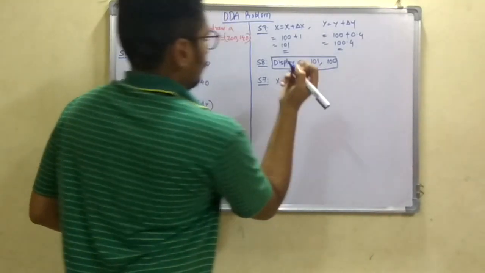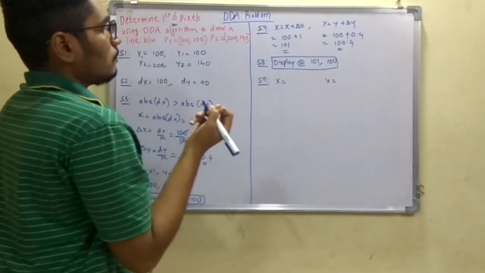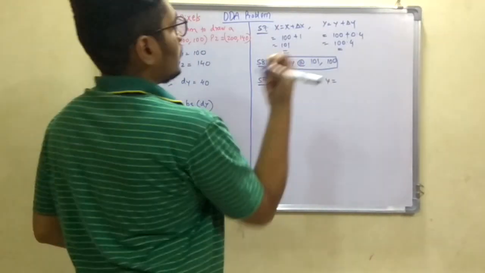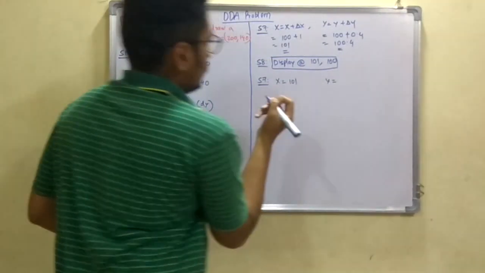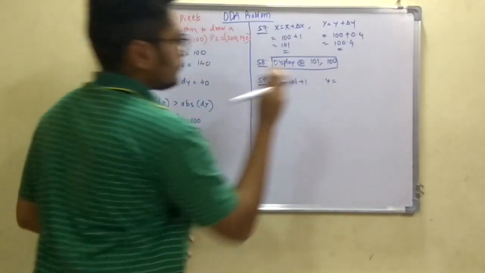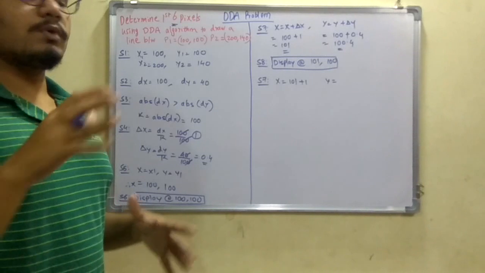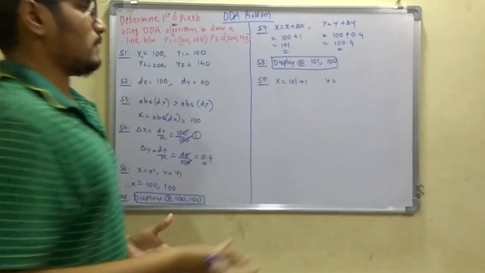We want the new x and the new y. So x is x plus delta x. We take x from here, 101, plus delta x, which is 1. Just remember that in step 7 you have to update the previous x by 1 and y by 0.4, that's it.